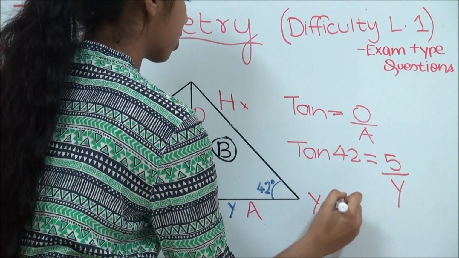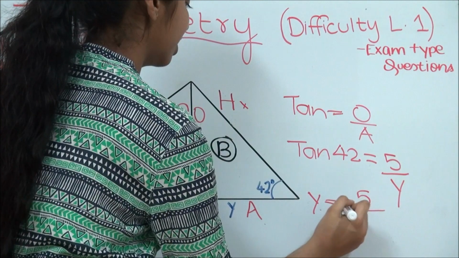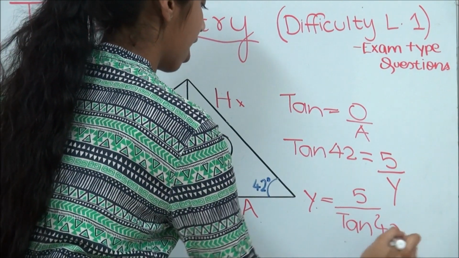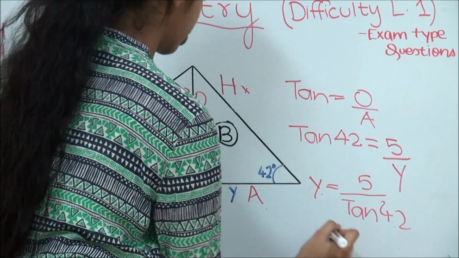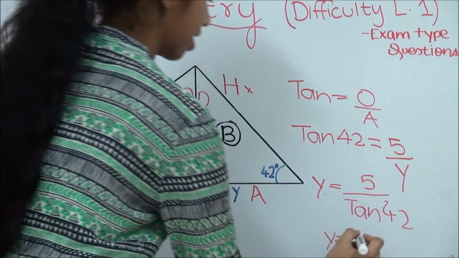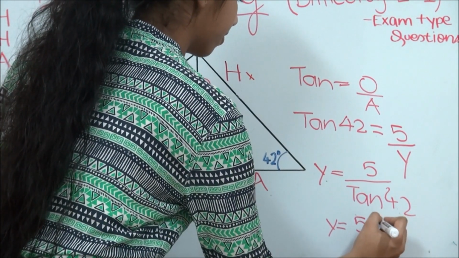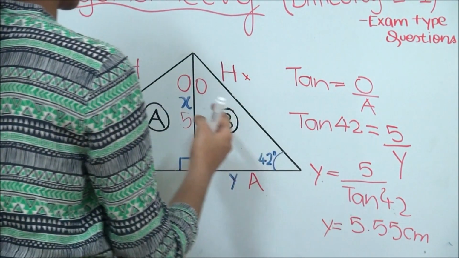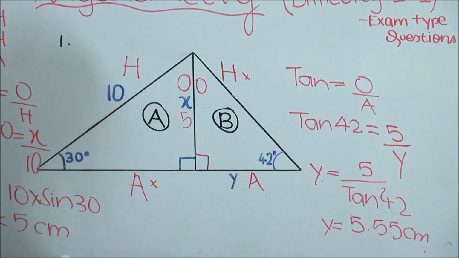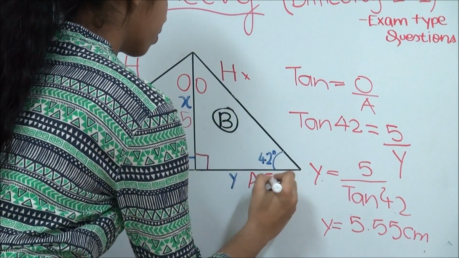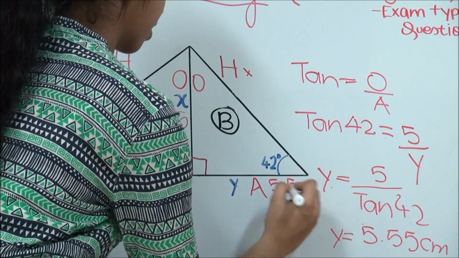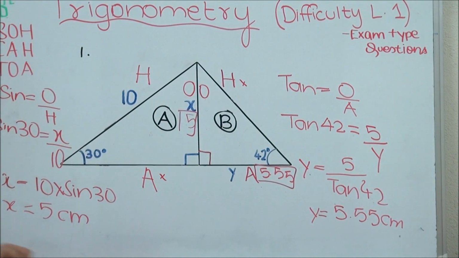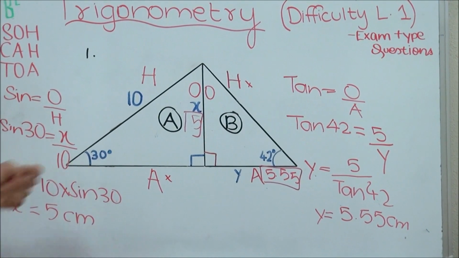So y equals 5 divided by tan 42. After you calculate it, what you will get is 5.55 centimeters for the length of y. So here, 5.55 and 5. This is the calculation for this triangle.